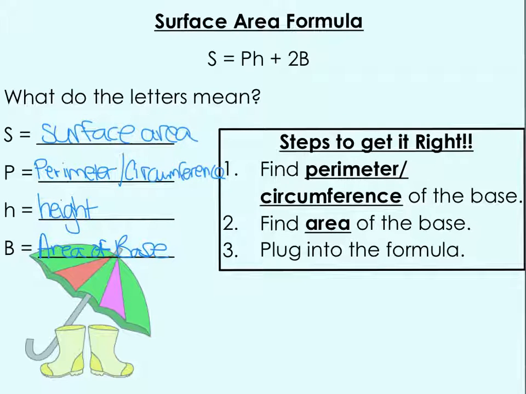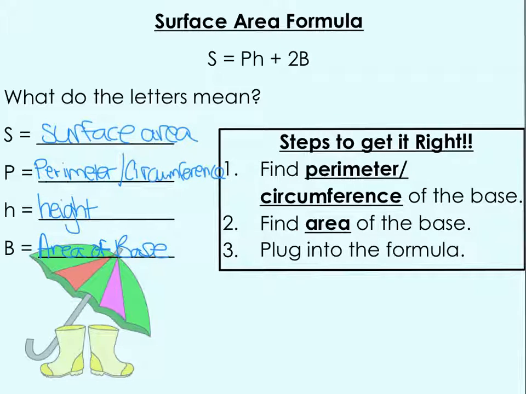So let me remind you again how to get it right using this formula here. First thing that we're going to do is find the perimeter, or again, the circumference, because we're going to be working with circles today. I loved that on your homework for prisms last week, a lot of you wrote out all three of these steps, and that helped you to get it right.